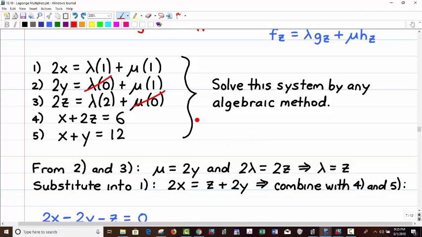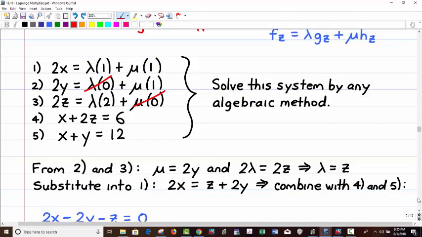Now I took number 3 and said that 2z equals 2 lambda, therefore lambda equals z. So now I substitute those values into the first equation. So lambda equals z and mu equals 2y.